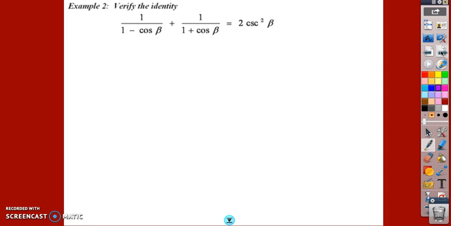Here's another example. Again, I'm going to want to start with the more complicated side. That would definitely be this one. And this one's giving me the feeling that I want to add these fractions together, common denominator style. So let's do that.